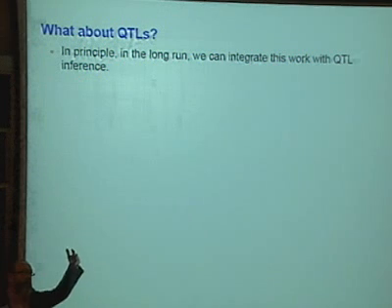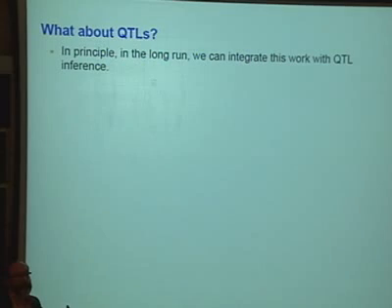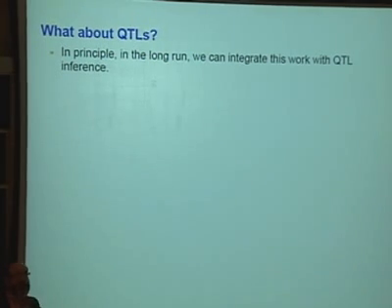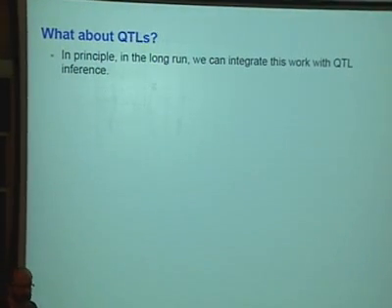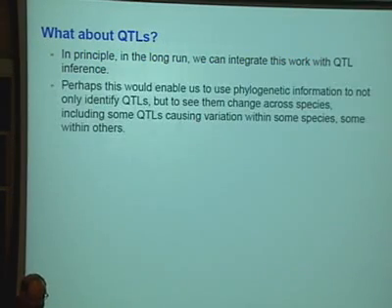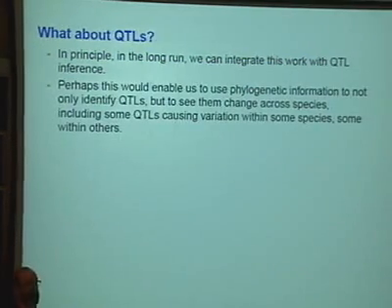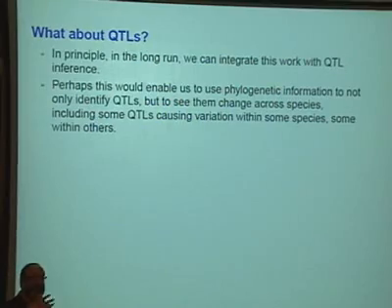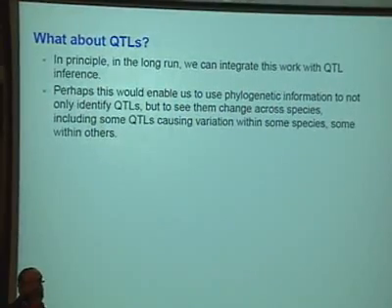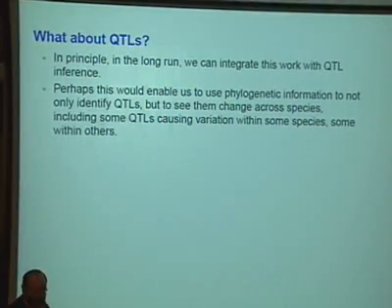And people will be wanting to hook that to these comparative method type machinery for discrete and continuous morphological characters. And it's going to be a way of using phylogenetic cross-species information to further illuminate the evolution of QTLs.